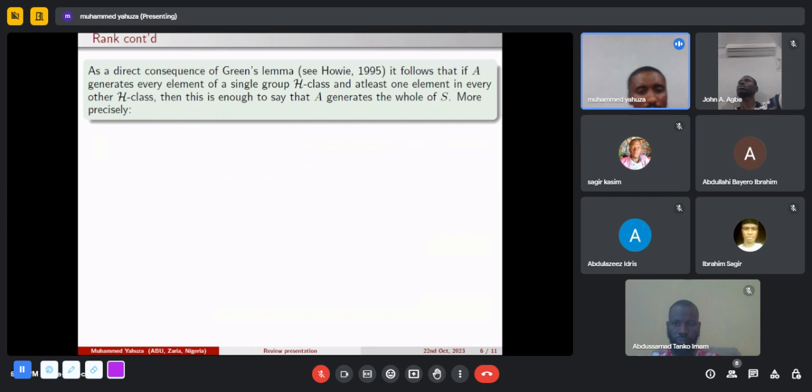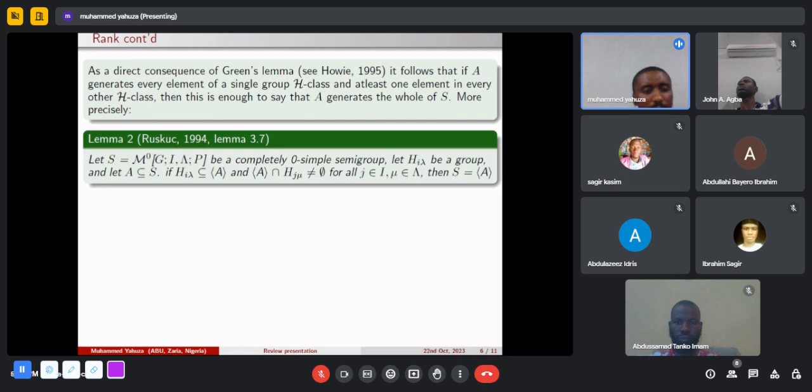Now, as a direct consequence of Green's lemma 1995, it follows that if A generates every element of a single group H class and at least one element in every other H class, then this is enough to say that A generates the whole semigroup S. More precisely, we have this lemma from Ruskuc 1994.